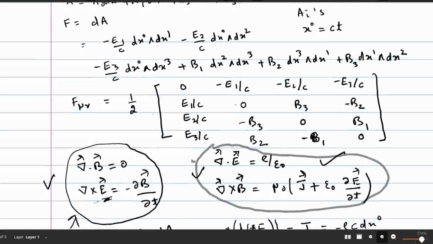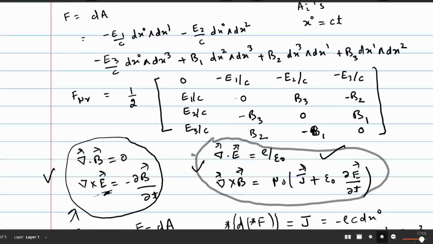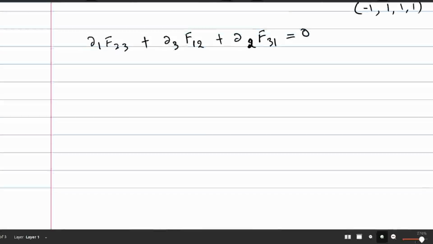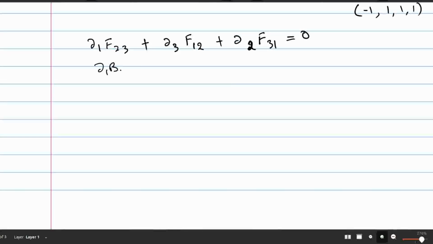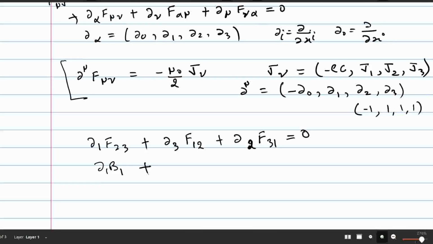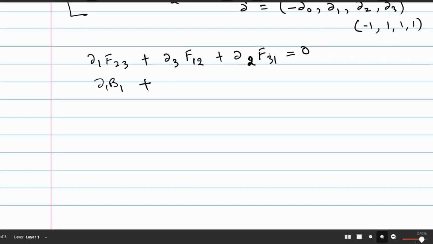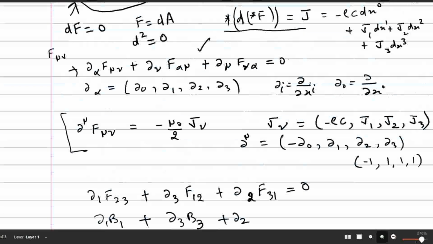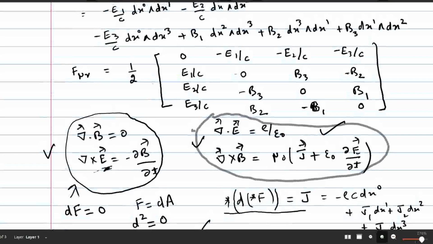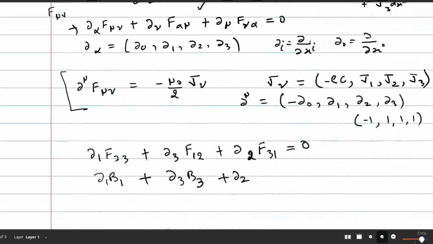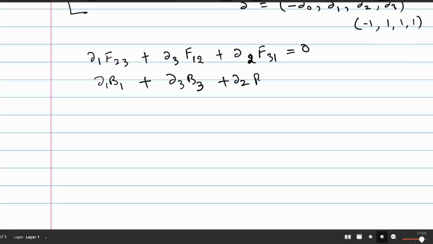Now f23 is b1, so we get delta 1 b1 plus, f12 is b3, delta 3 b3, plus delta 2 f31, f31 is b2, so this is b2. So this is divergence of b equals 0.